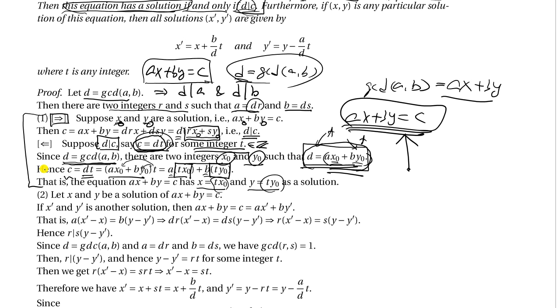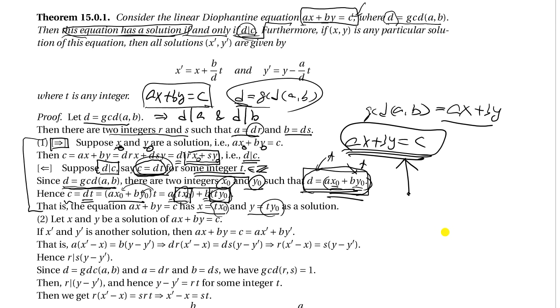But we could go further because that solution is not unique. There are actually infinitely many different solutions if there is a solution. Okay? So the next statement says, if x, y is any particular solution, like x0, y0 that we found over here, or actually t times x0, t times y0, then many different solutions are possible, and they are given by this.